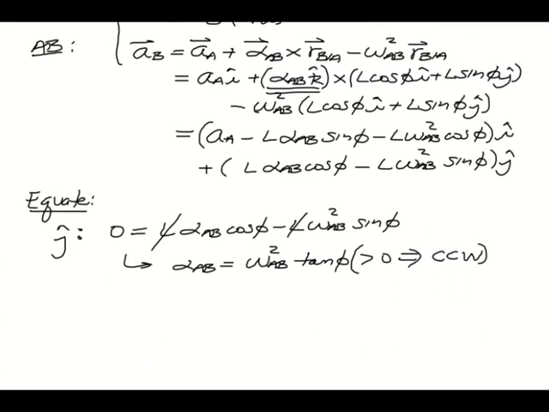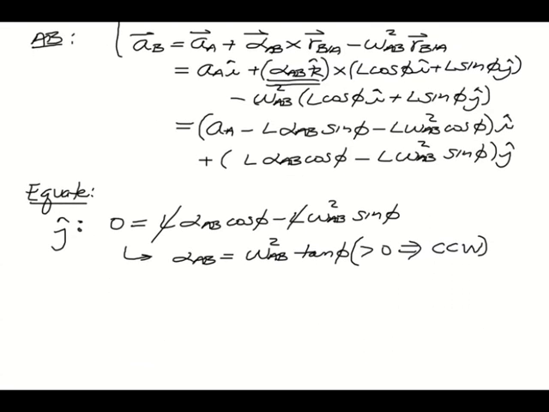So I need to now use the i components. For the first equation, it's r theta dot squared. The right hand side, I have an A sub A minus L alpha AB sine phi minus L omega AB squared cosine phi.